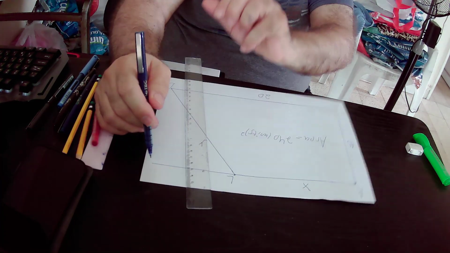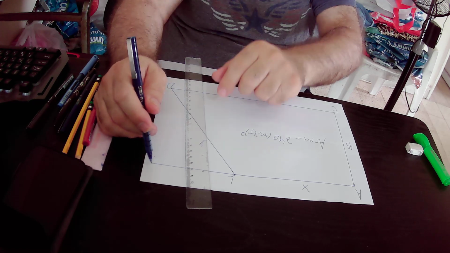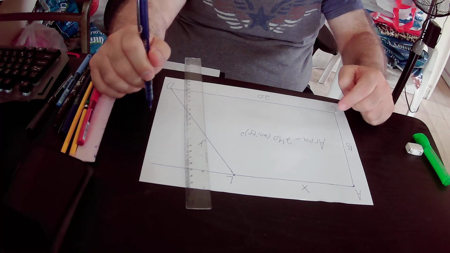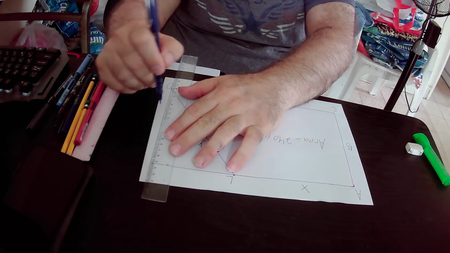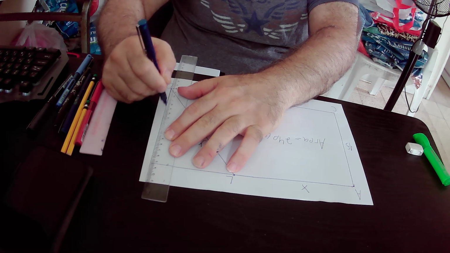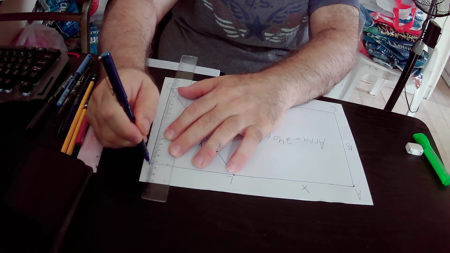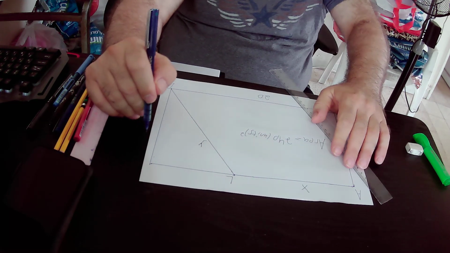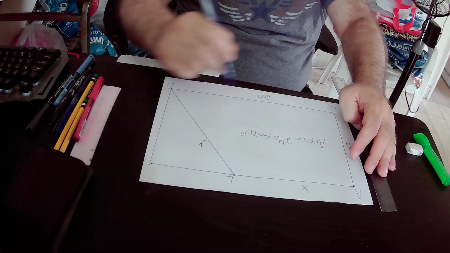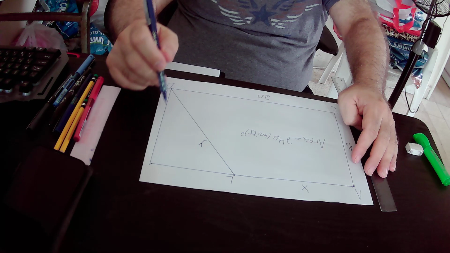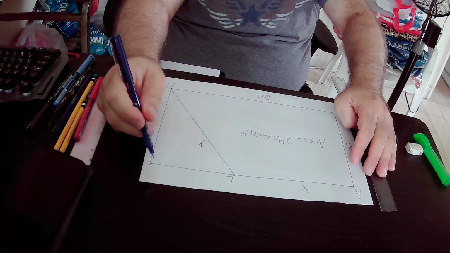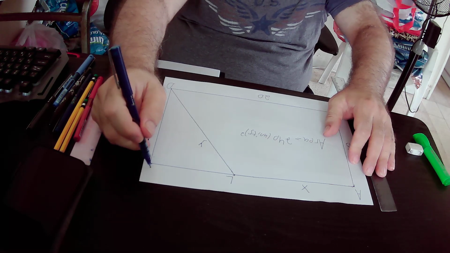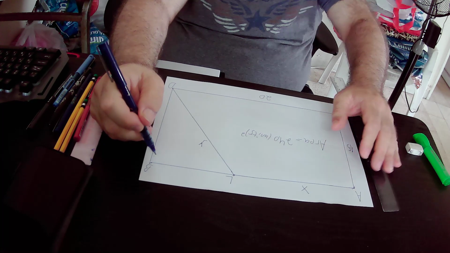And then we will lower a perpendicular from this point to line segment CD of this shape. So we lowered a perpendicular from this point to line segment CD. We will define this vertex as point B.